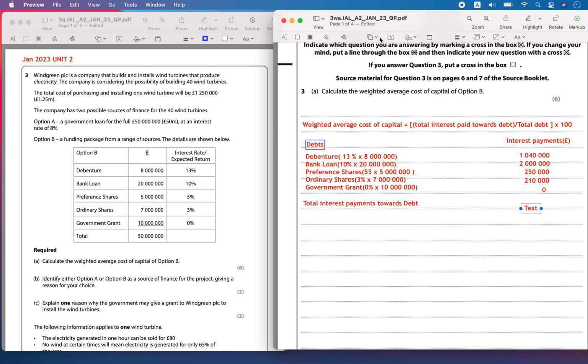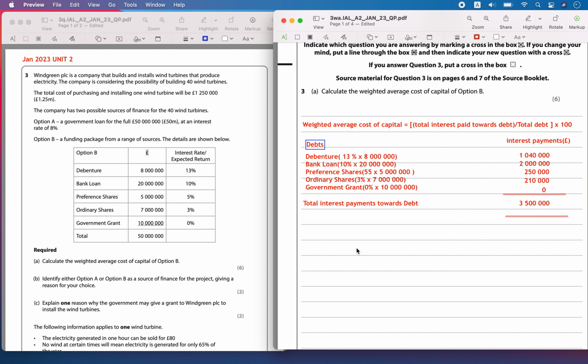You will have to add up 1,040,000 plus 2 million plus 250,000 plus 210,000. So the value is going to be equal to 3,500,000 pounds, which is the interest payments.